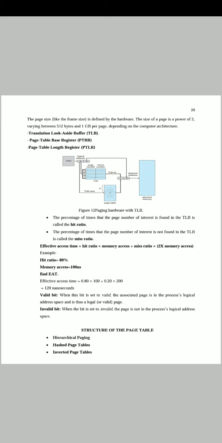If the requested page is not found, I call it a page miss. Remember, when the requested page is found in the page table, I call it a page hit. If the requested page is not found in your page table, I call it a page miss.